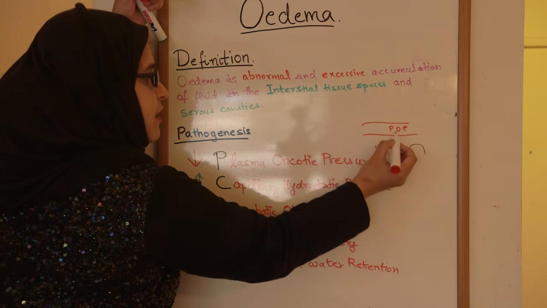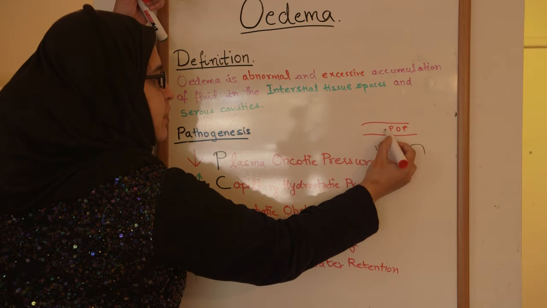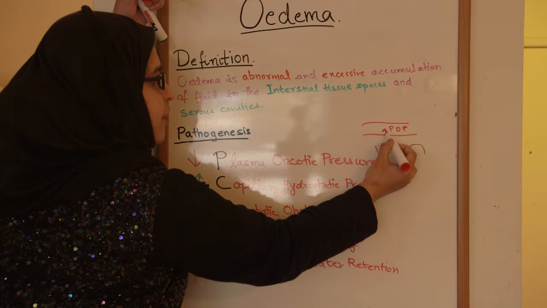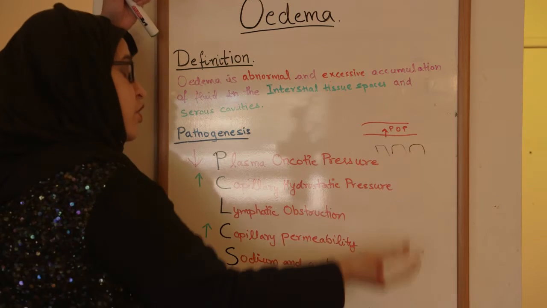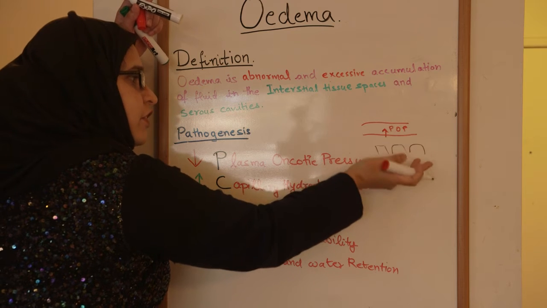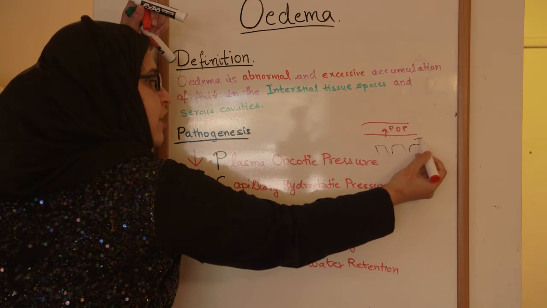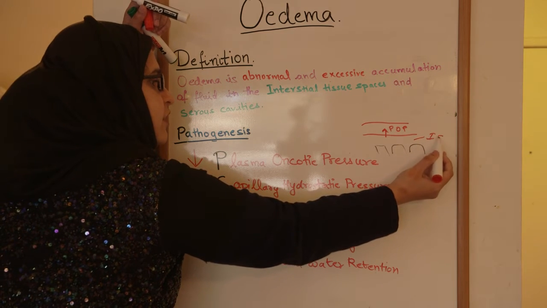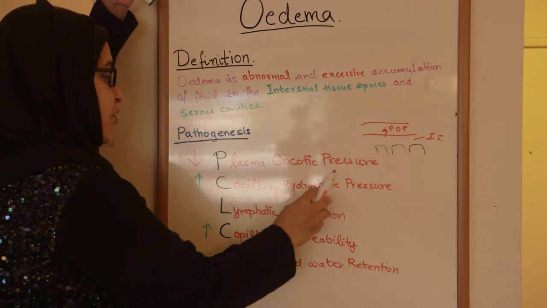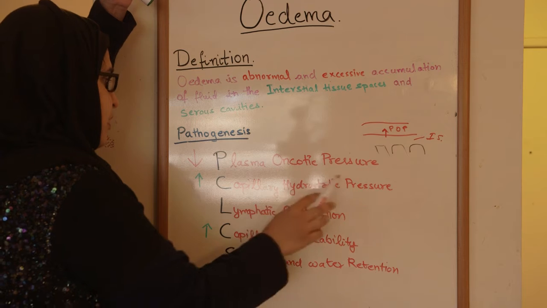It is an inward driving force. It drives the fluid inside the vessel. So when it is decreased, then the inward driving force is decreased, and it may lead to more accumulation of fluid here in the interstitial space. Okay. So a decrease in plasma oncotic pressure.